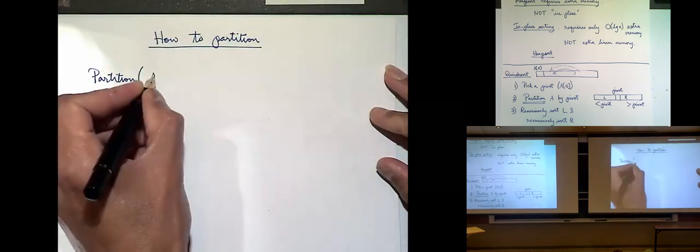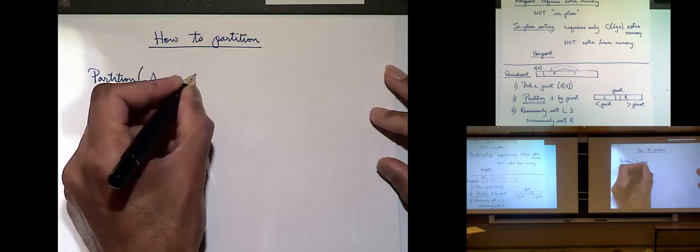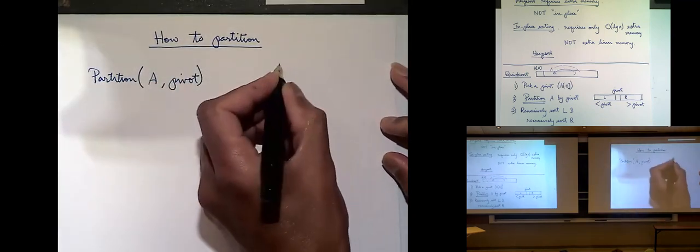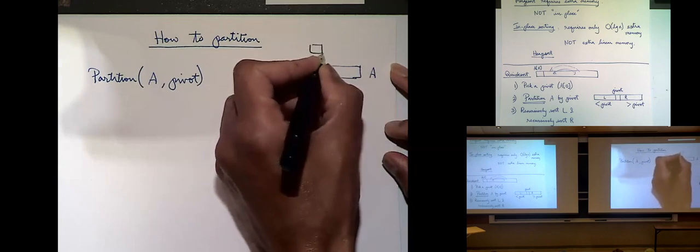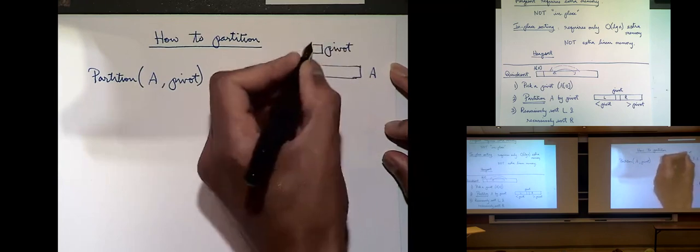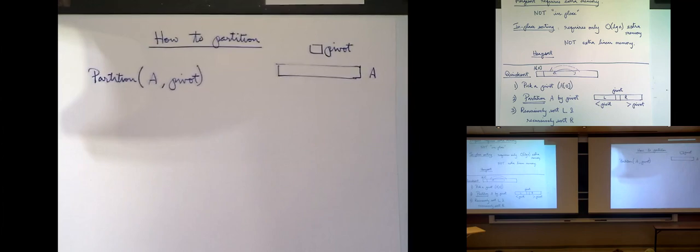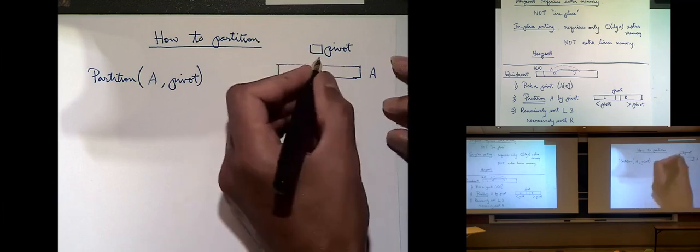Usually you have an array A and you have some element pivot, which may or may not be in A. In this case, it's always in A. It's conventionally the first element, or the 0th element of A, but otherwise it's just some element.